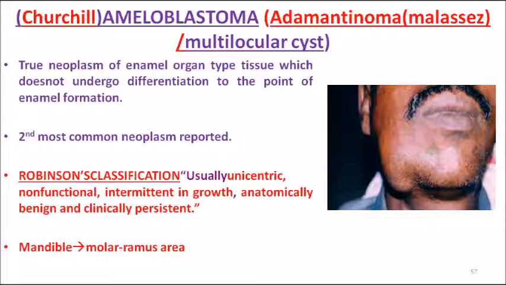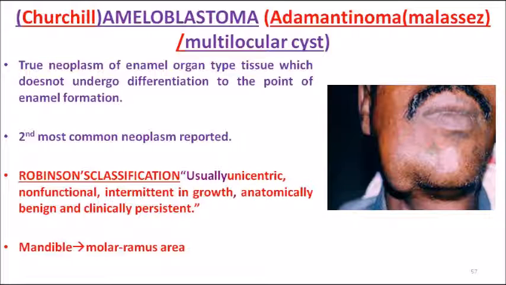Now what is ameloblastoma? It's a true neoplasm of enamel organ type tissue which does not undergo differentiation to the point of enamel formation. So in the oral histology chapter, development of tooth, I had explained to you the different stages of tooth development. In that I had told you the early bell stage is where you have the histodifferentiation. The cells are transforming to ameloblast cells, the cells are transforming to odontoblast cells.